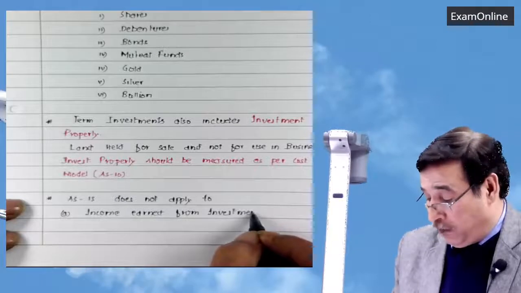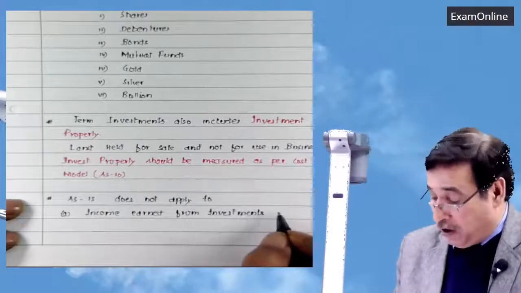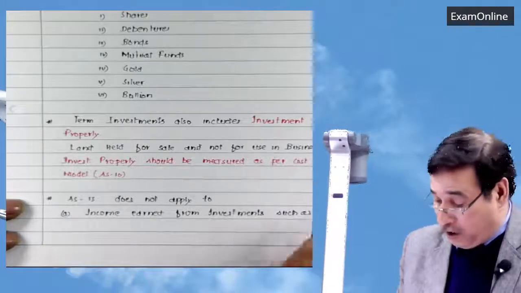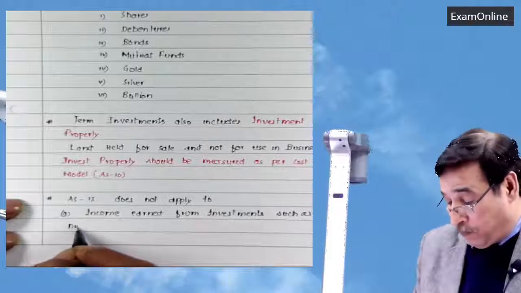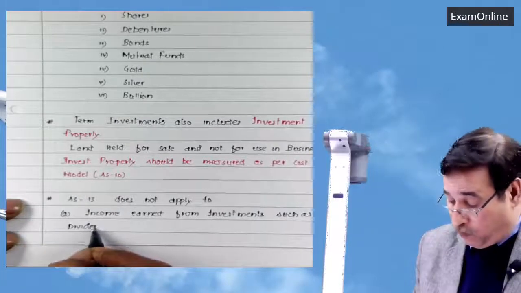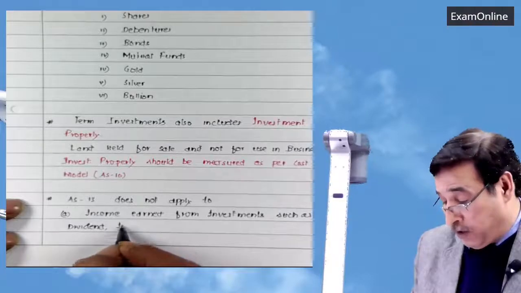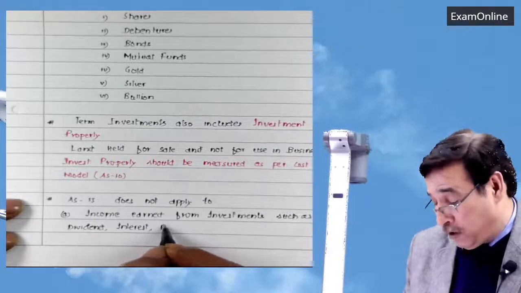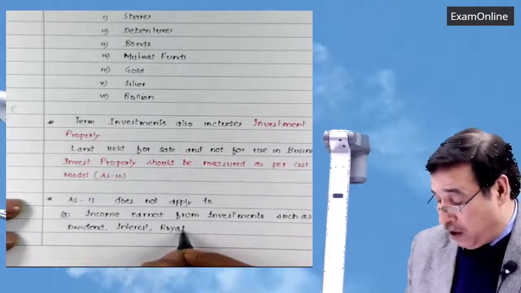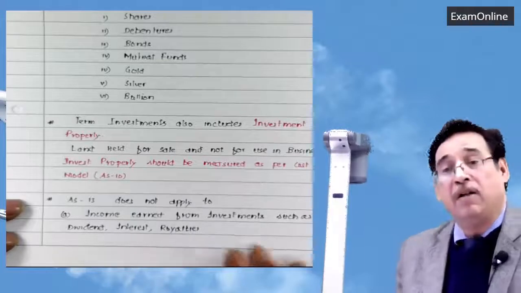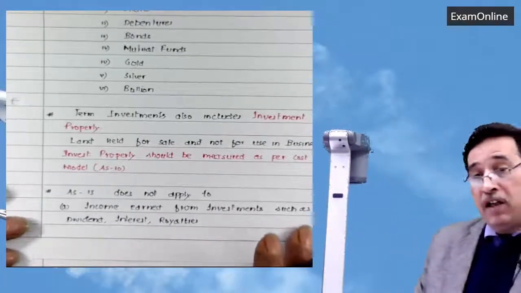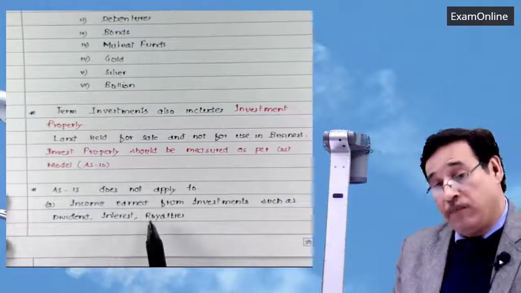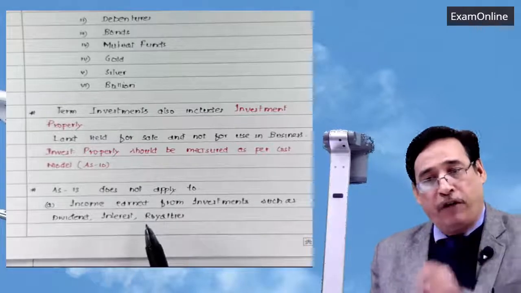Generally, we receive income in the form of dividend, interest, royalties. So AS13 is very clear that whatever income you are receiving on account of your investments will not fall under the purview of AS13.